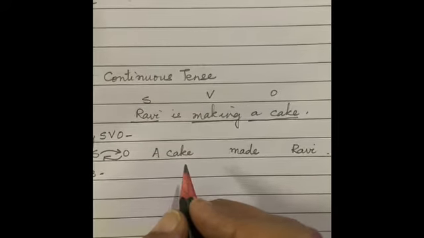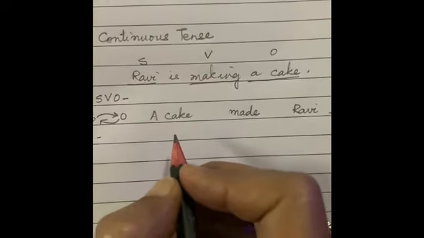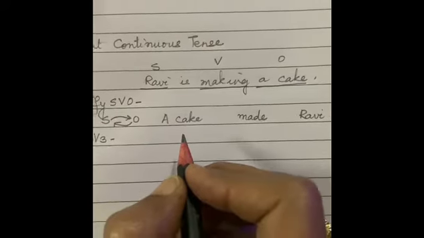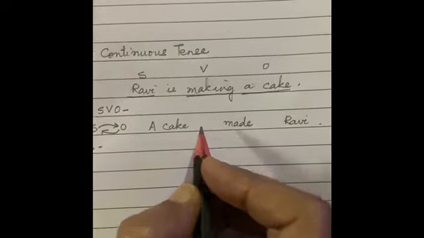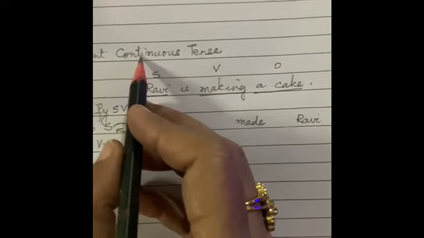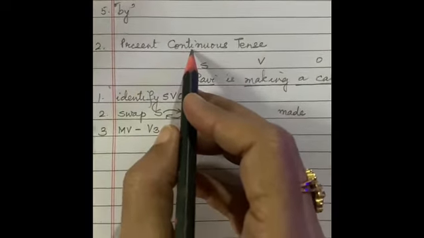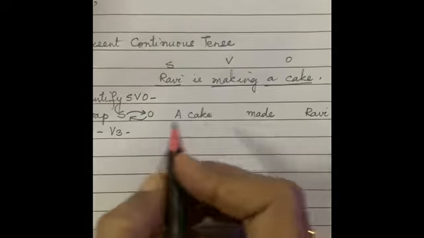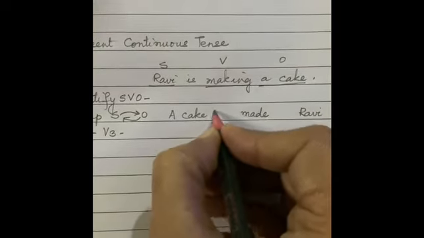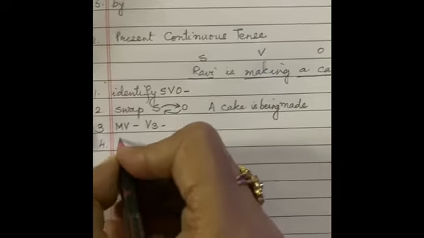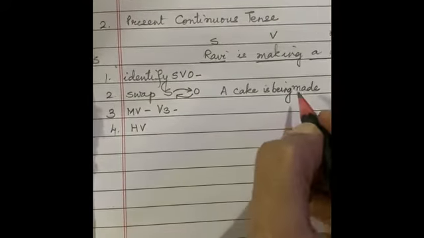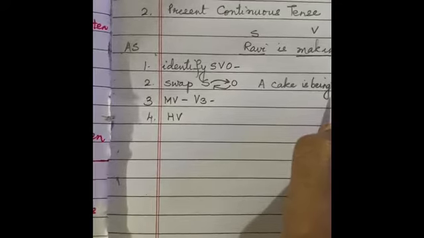Okay, now comes step 4. We need to add a helping verb of to be here. So according to present continuous tense, we add here is being. Is being. Fine.